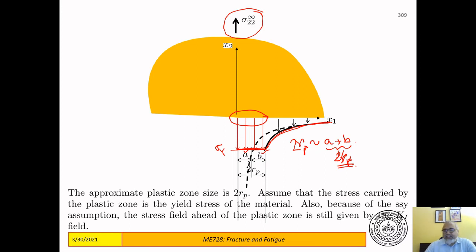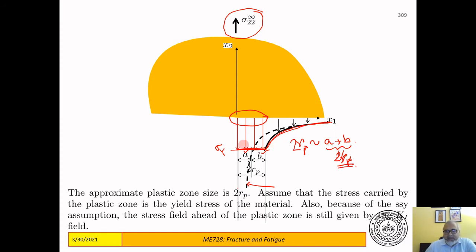What was balancing it in the beginning? In the beginning, when I had assumed that linear elasticity is valid, this traction, integrated from 0 to infinity, was balancing the forces due to these remote tractions, sigma 2 to infinity.